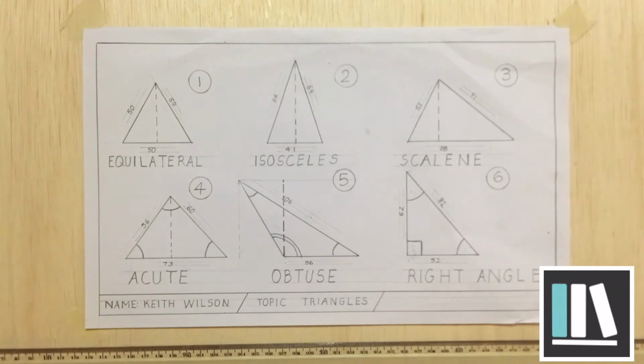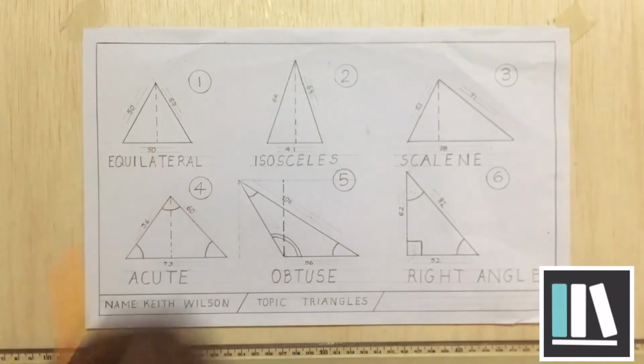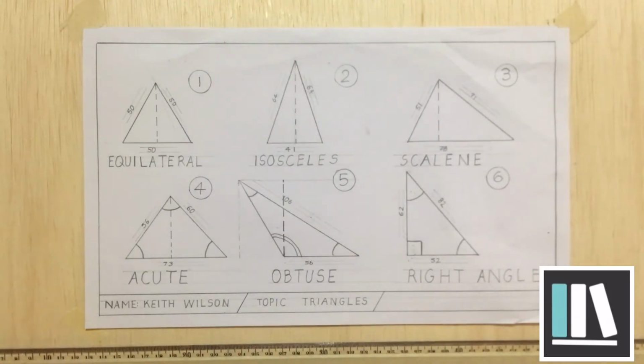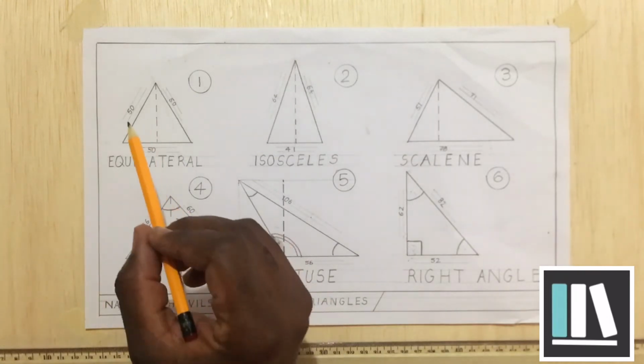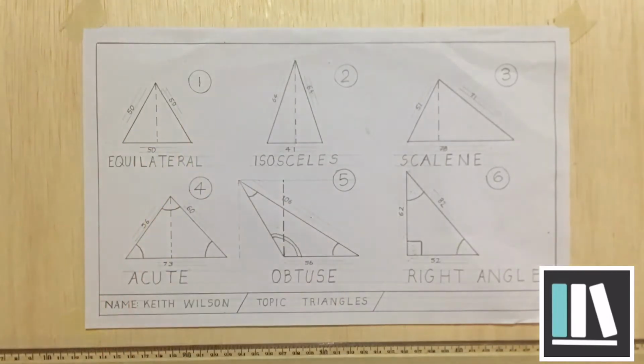Now let's dig in. The first triangle that we have here is an equilateral triangle, and this triangle is named such because all 3 sides are equal. In this case, all 3 sides are 50 millimeters in length.